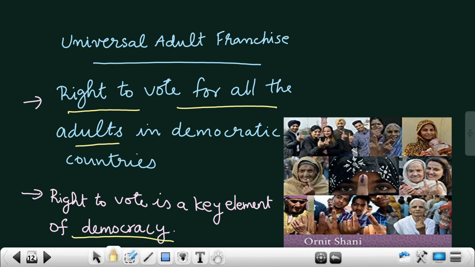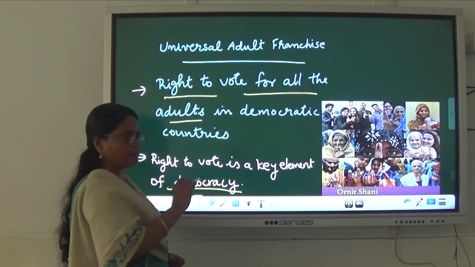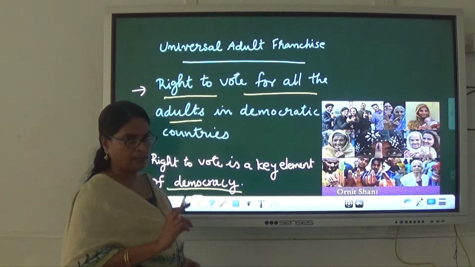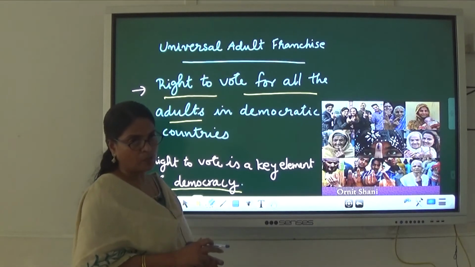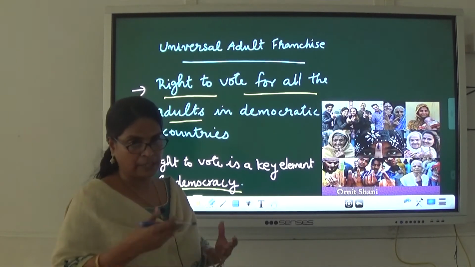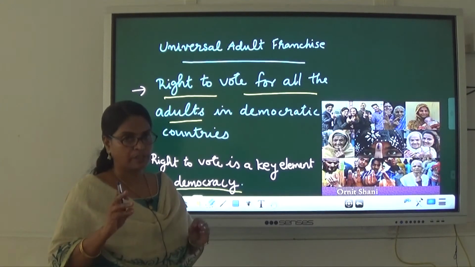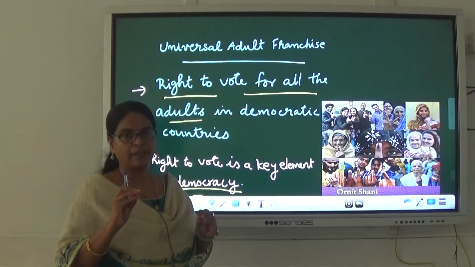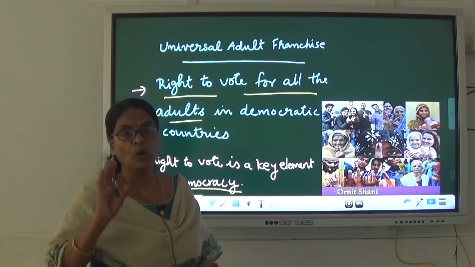Universal adult franchise is a key element of representative democracy. What do we mean by universal adult franchise? The right to vote for all adults in democratic countries is called what? Universal adult franchise. It is an important factor of democracy. Without the right to vote, we cannot call a government democratic. If any country follows democratic government, it has to allow its citizens the right to vote.